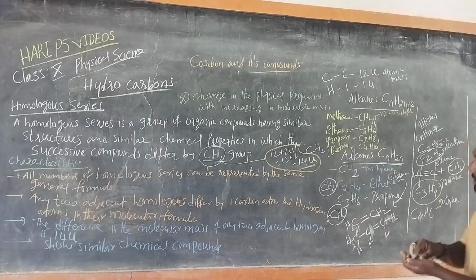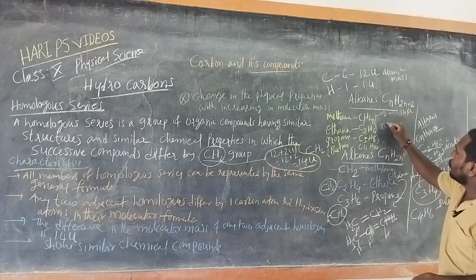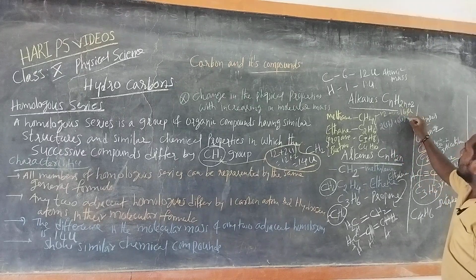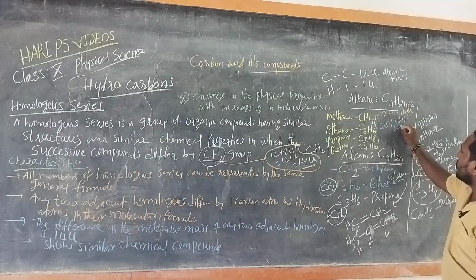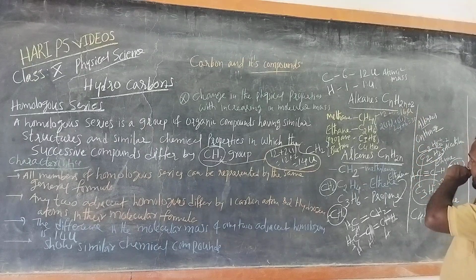Then the molecular mass of ethane, 2 carbons, 24 plus 6, 30.